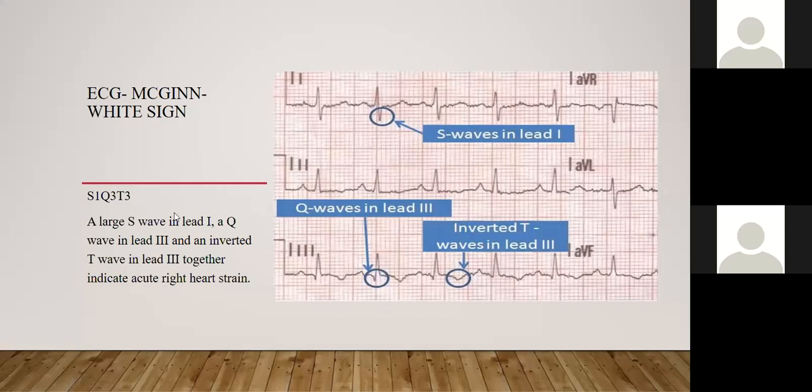Okay, so a large S wave in lead 1, a Q wave in lead 3, and then an inverted T wave. If you remember the normal ECG I showed you the other time, after you have your P wave, your QRS complex, there's the ST segment, and then there's a small mountain here, and we say that's the T wave. In this ECG, you would find that the T wave is basically inverted.